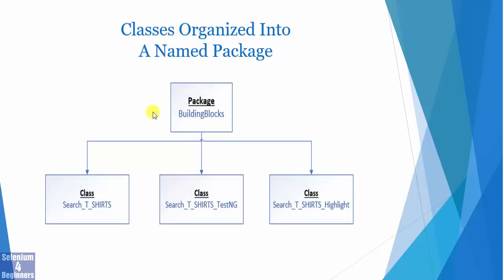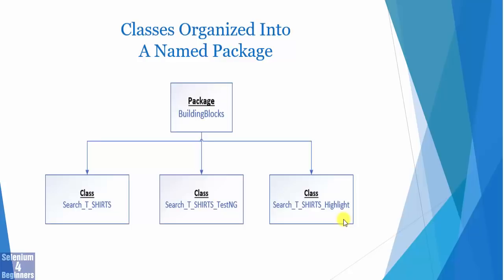When a package name is provided, that class is placed into a particular package. In this example, building blocks is the package, while search t-shirts, test ng, and search t-shirts highlight are the classes.